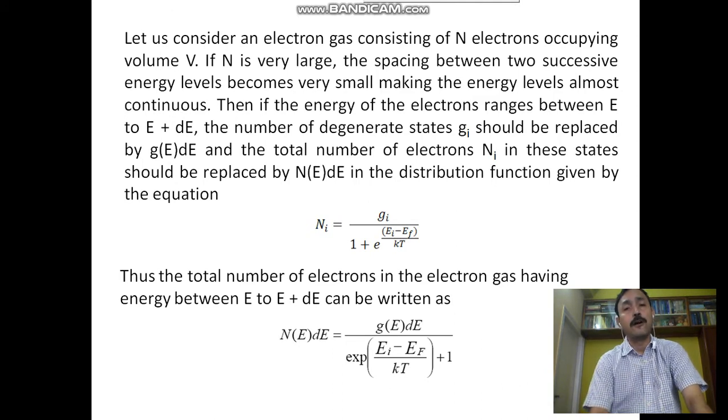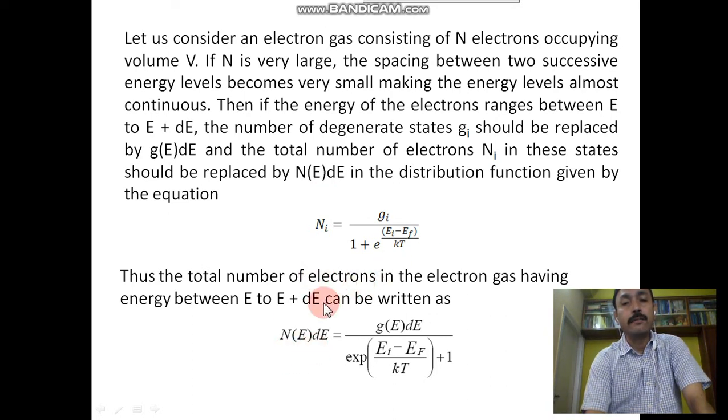In the distribution function given by the equation, we know from Fermi-Dirac distribution, Ni is equal to Gi by 1 plus e to the power (Ei minus Ef) by kT. The total number of electrons in the electron gas having energy between E and E plus dE can be written as N(E)dE.